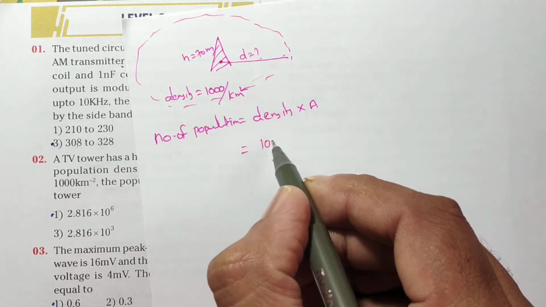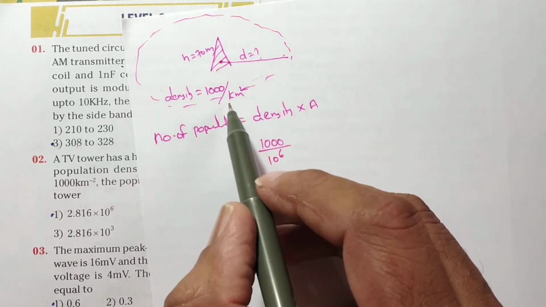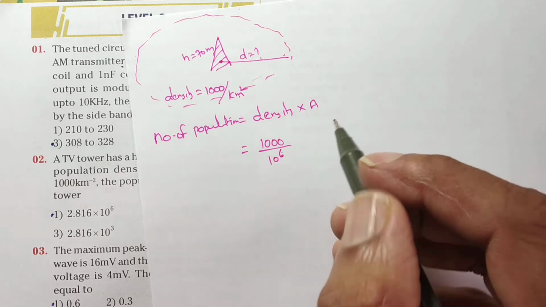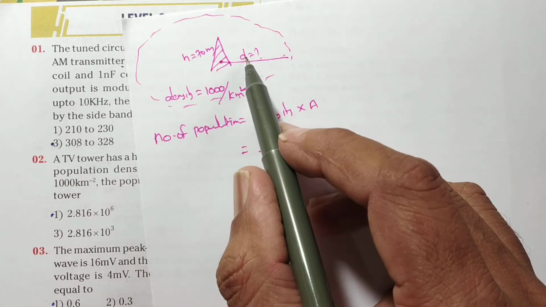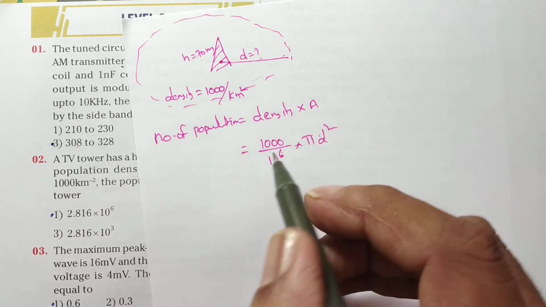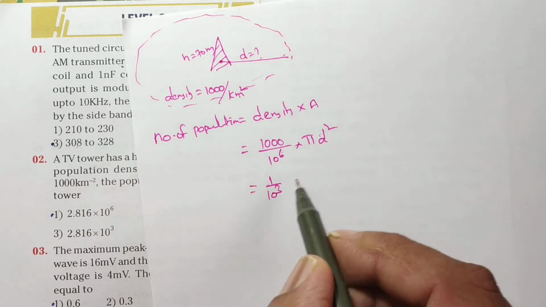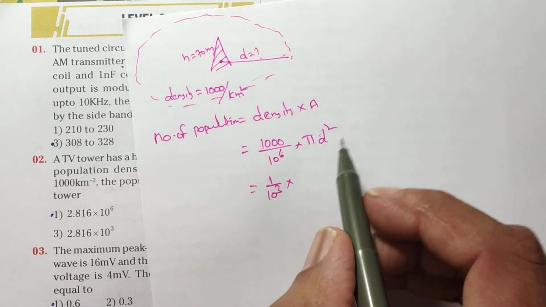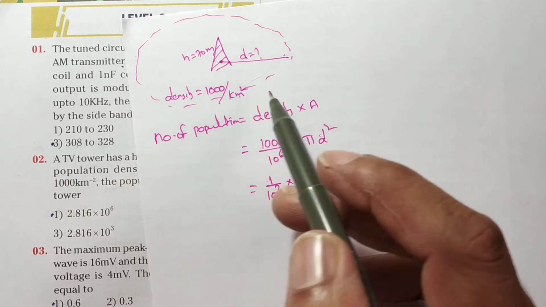Density means 1000 per kilometer square; in meters that is 1 by 10 to the power of 6 per meter square. Area means pi d square or pi r square. That means 1 by 10 to the power of 3 into pi, 3.14, and this distance d.